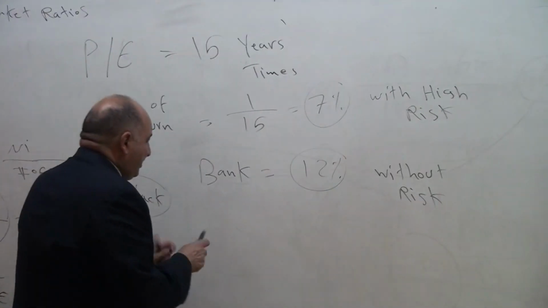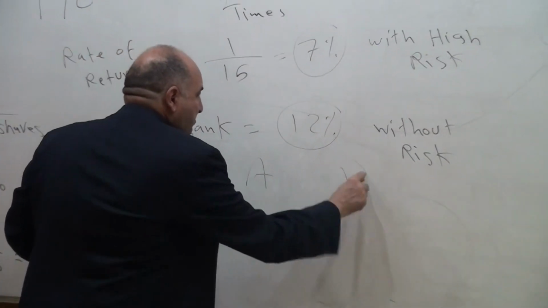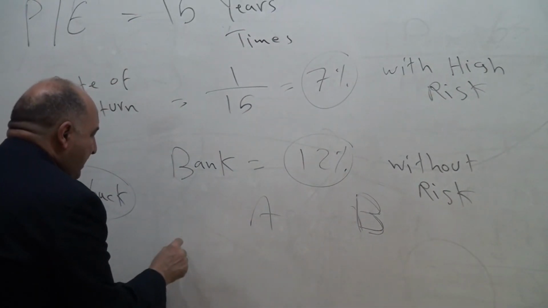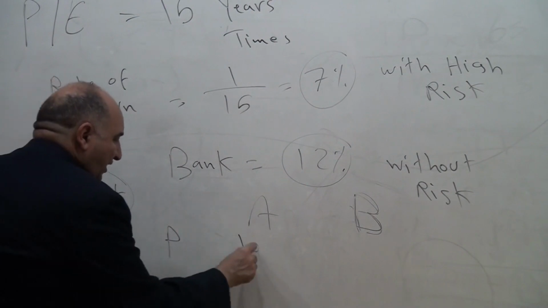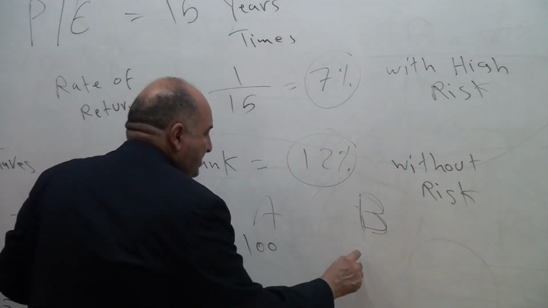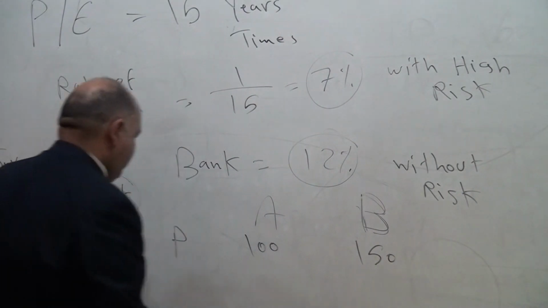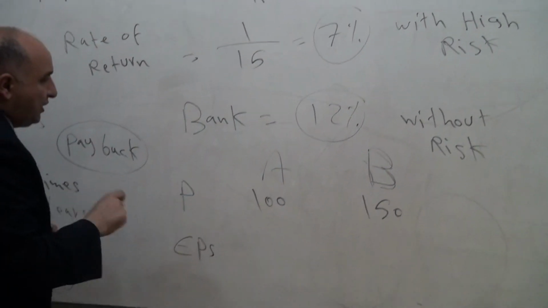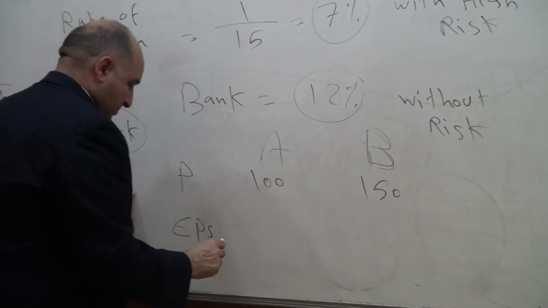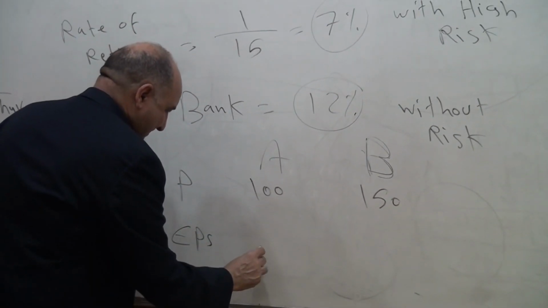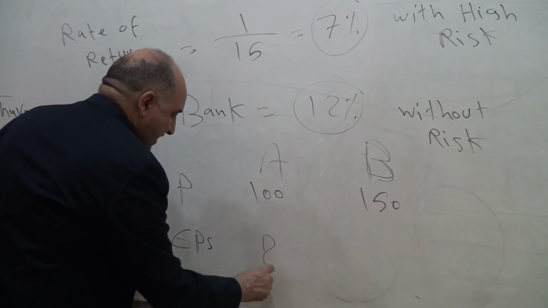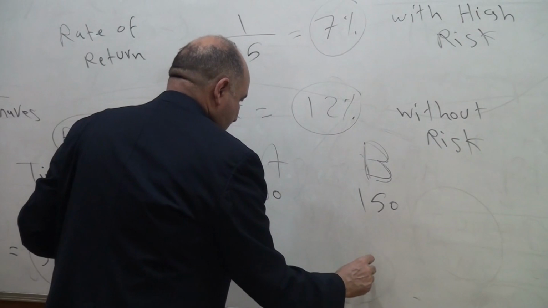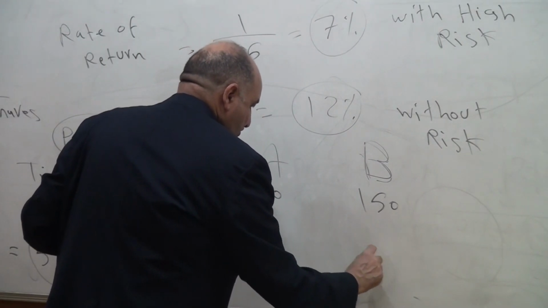If we have company A and company B, and company A has a price equal to 100, company B has a price equal to 150, but earnings per share for company A is 8, and for company B is 30.